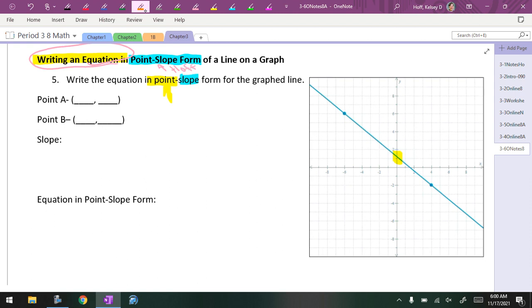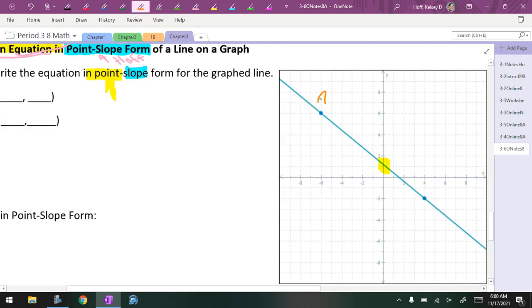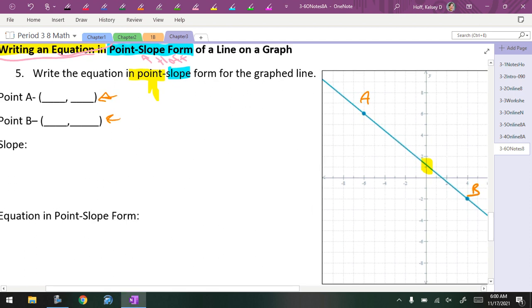So we need to write down the coordinates of point A and B. Let's write down A and B. Right now, fill in these coordinates right here. Tell me where point A is and point B is. I'm going to give you a second to fill those in.